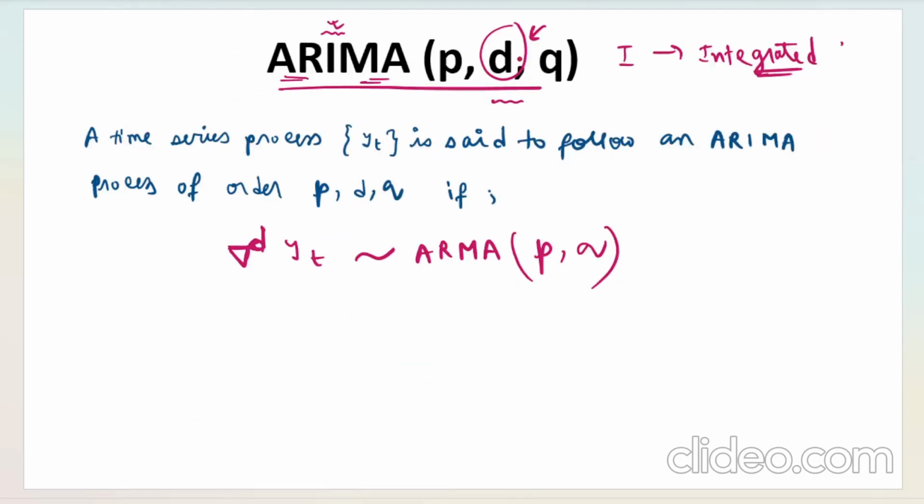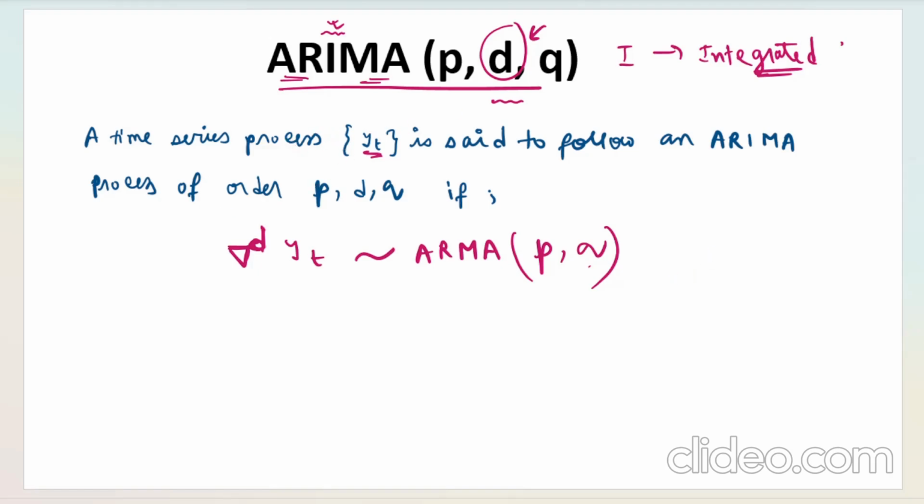Now in general case, when you write p, d, q, it means that you are applying the difference operator d times. So delta d yt. Now if this follows ARMA p, q, then you will say the original yt will follow ARIMA. I know it might seem a little difficult to you as of now, but it's pretty simple actually.